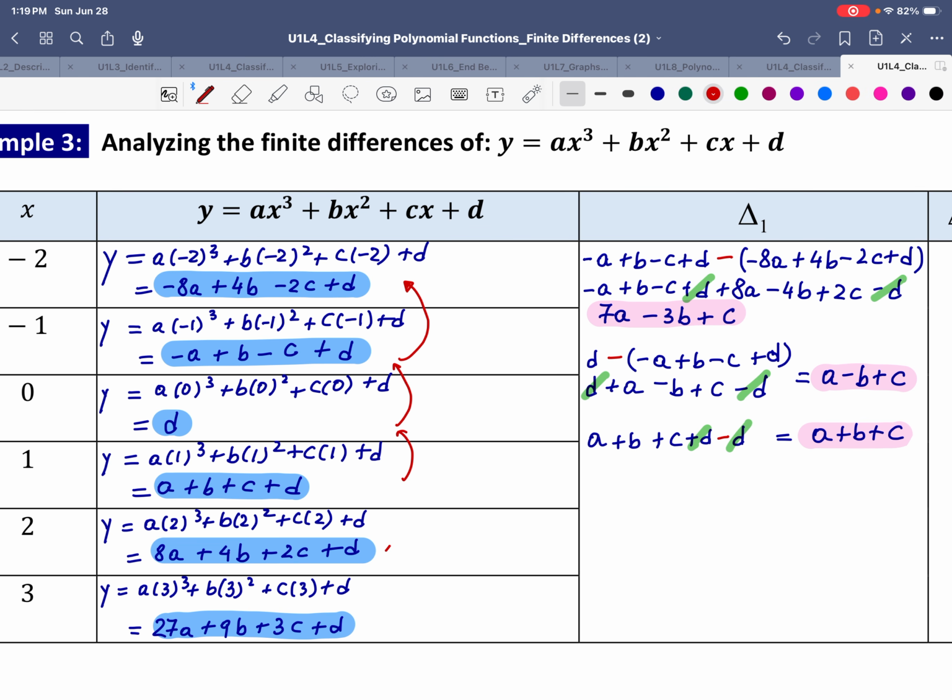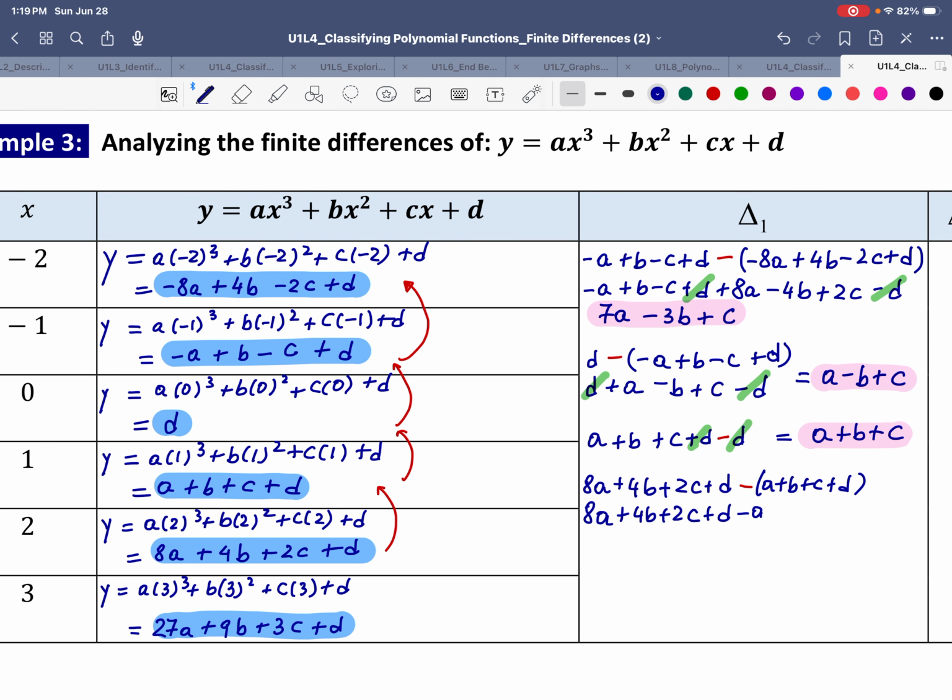Now next we're going to continue with the next one. We only have 2 more to go. We have 8a plus 4b plus 2c plus d, subtract the previous expression, which is a plus b plus c plus d. So let's do this quickly. A plus b plus c plus d. And open up brackets, 8a plus 4b plus 2c plus d.